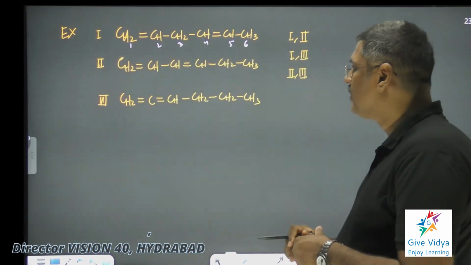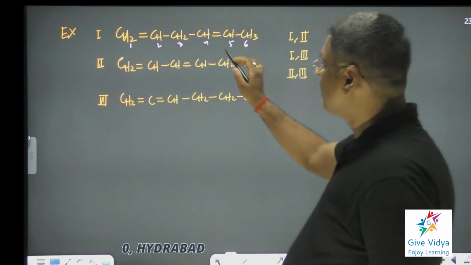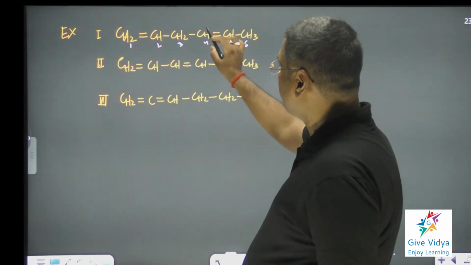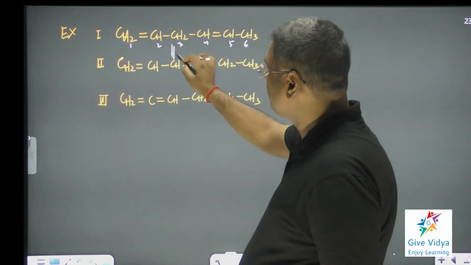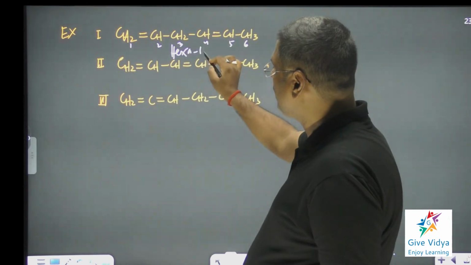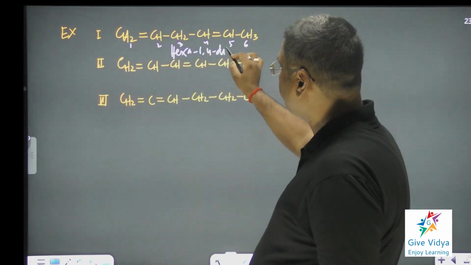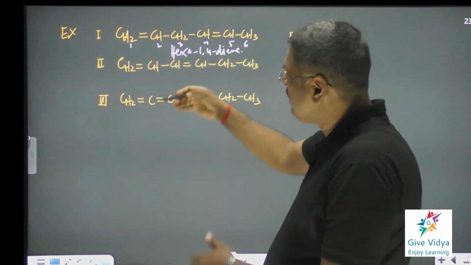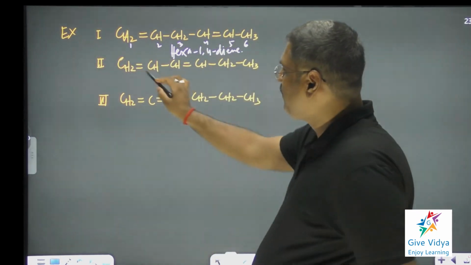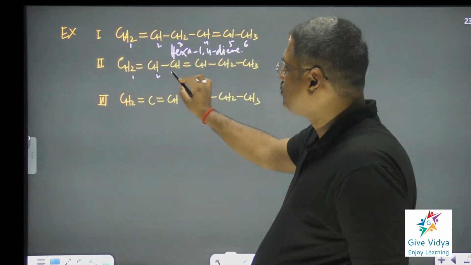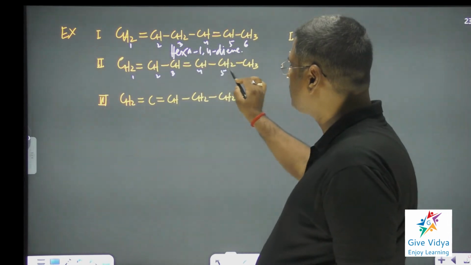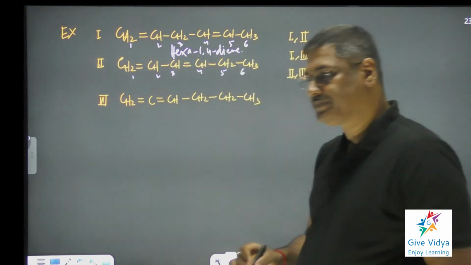Good. First, this one you say hexa-1,4-diene. When we analyze the next structure, we find this one is 1, this one 2, this one 3, this one 4, this one 5 and 6.